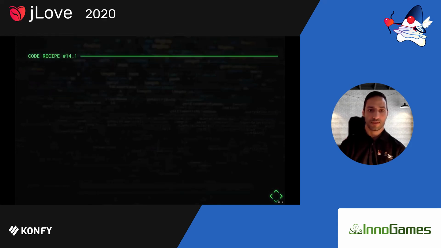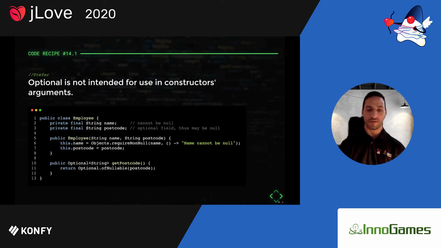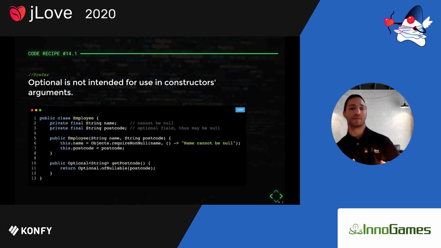So what to do? Simply, just like this. If you'd like to check nullability, you have the Objects class, which has been there since Java 8, and you can use requireNonNull. You check the name because it's required, and the postal code is not required, maybe null, so you leave it. Then if you would like to return the value, and if it's null you would like to wrap it in an empty Optional, you can use Optional.ofNullable with the postcode, because it might be null.